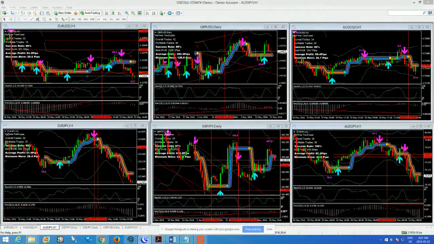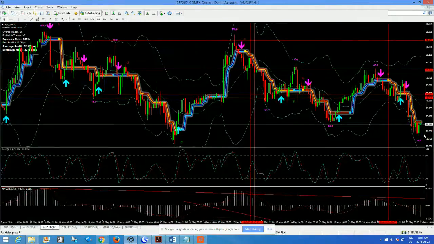Let's have a look and see if there's an opportunity here in Australian dollar, Japanese yen. That attempted rally is still trying to go through there. Be a good short. Stochastics come a little bit higher, but if you're in this trade from earlier, that would be a good hold.